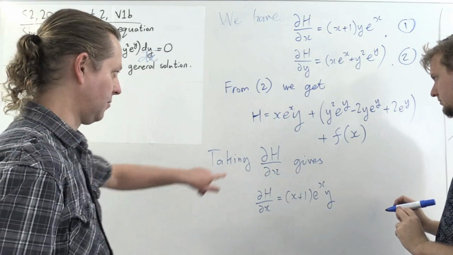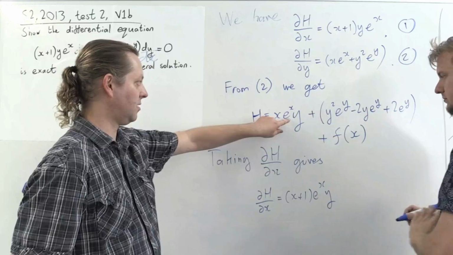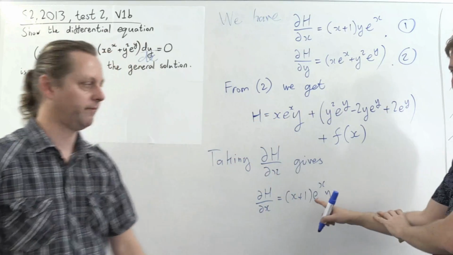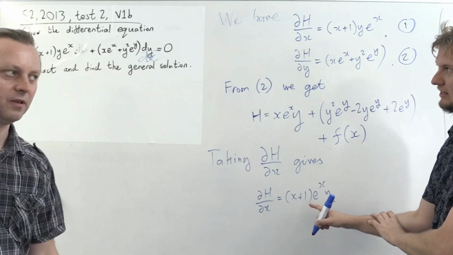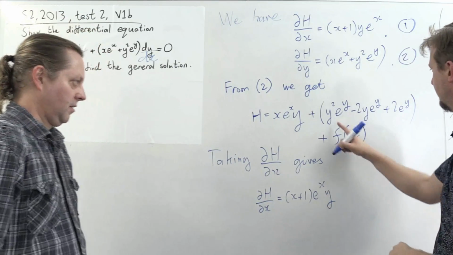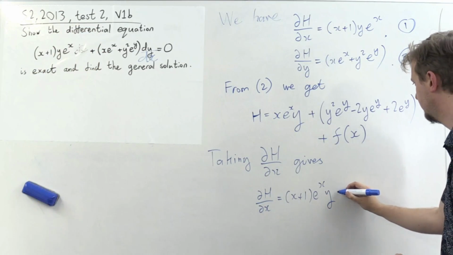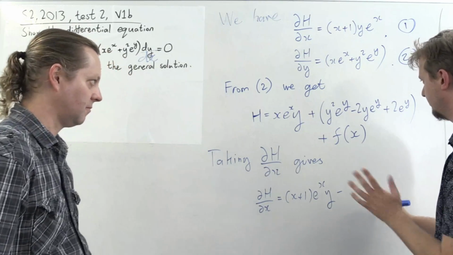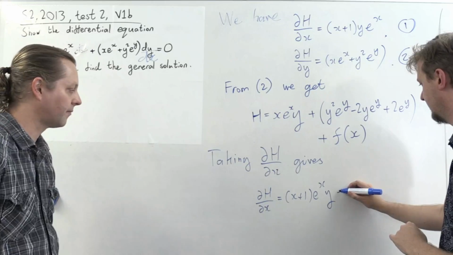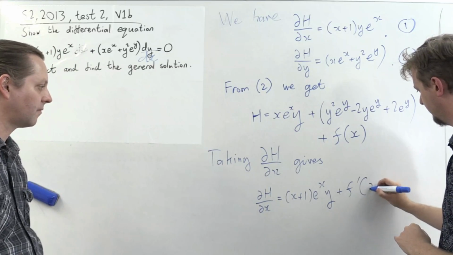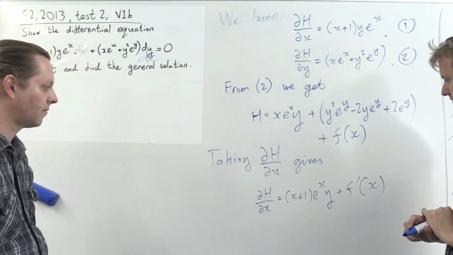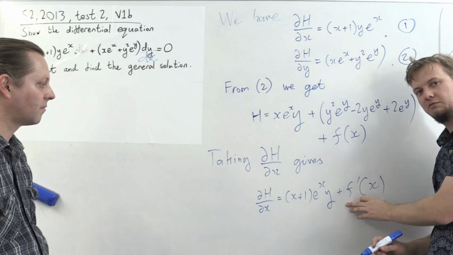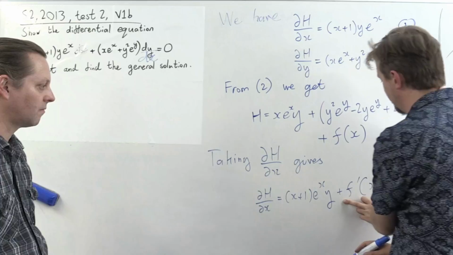That's the product rule: one times this plus x times that. I just collected it together because I can see what's happening. This is all y, so it doesn't matter. It has a zero derivative with respect to x, and then we have the derivative of this. And if you compare that to equation 1, we end up with this must be a constant, because this must have derivative 0.